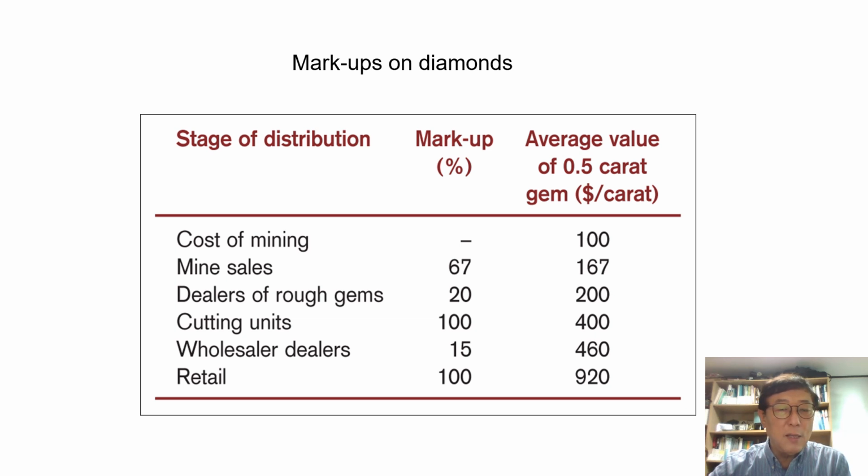So they are selling to the retailer at $460. Retailers buy at $460 and then a 100% markup. So 920. So you are buying at 920. But the African miners receive only $100. So that is the distribution of diamonds.